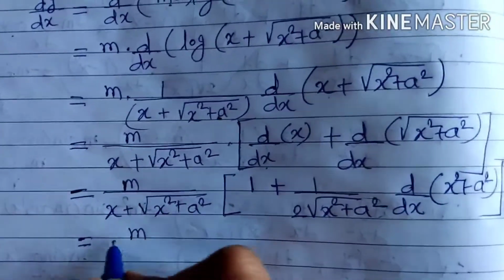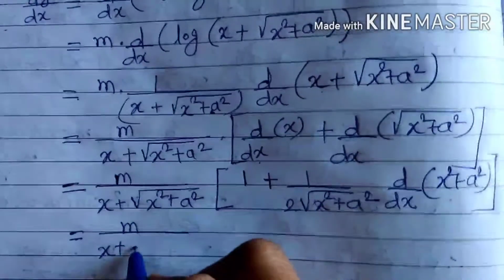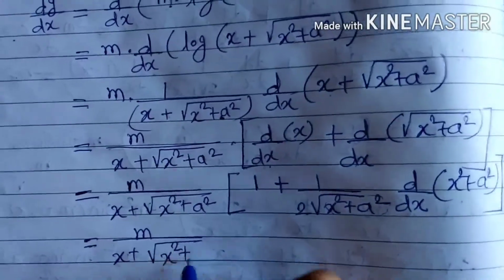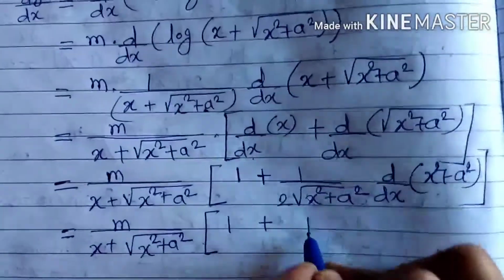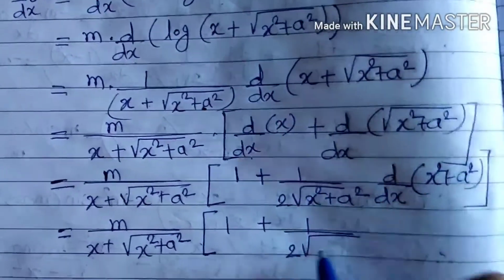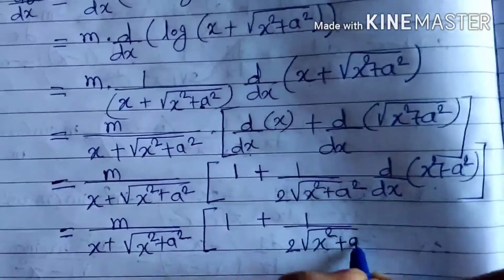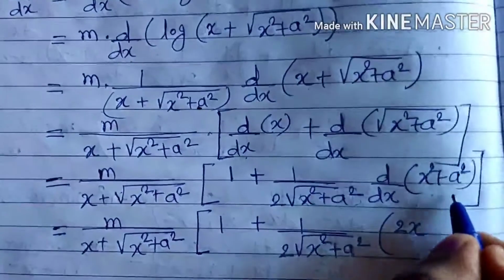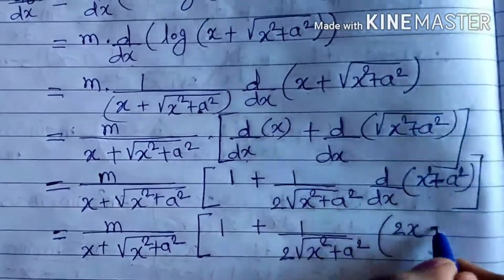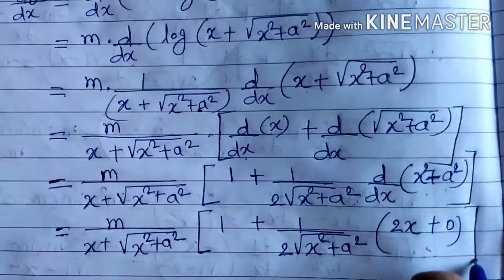Use here proper bracket. One plus 1 upon 2 under root of x square plus a square into derivative of x square is 2x and derivative of this constant is 0, so write here 0.